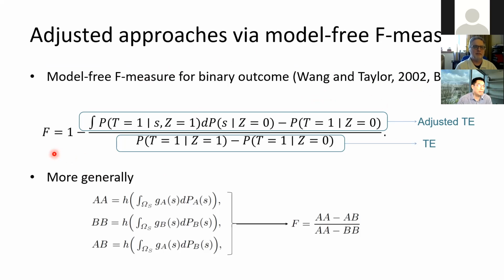This F measure is also equivalent to a percentage or proportion of a treatment effect. In their proposal, they look at the difference of the clinical endpoints in the two intervention arms, which is actually a total effect, right?